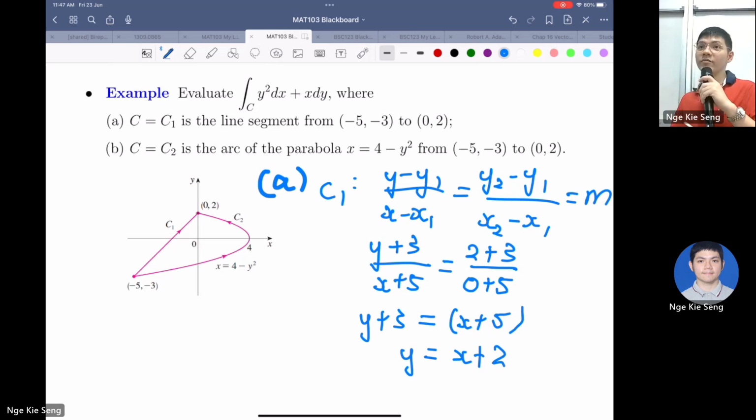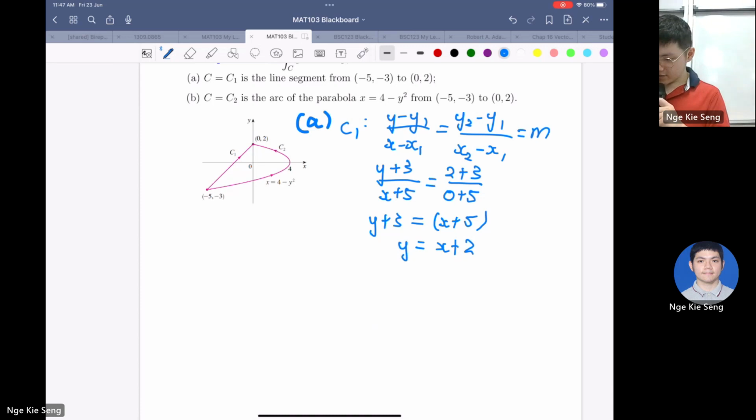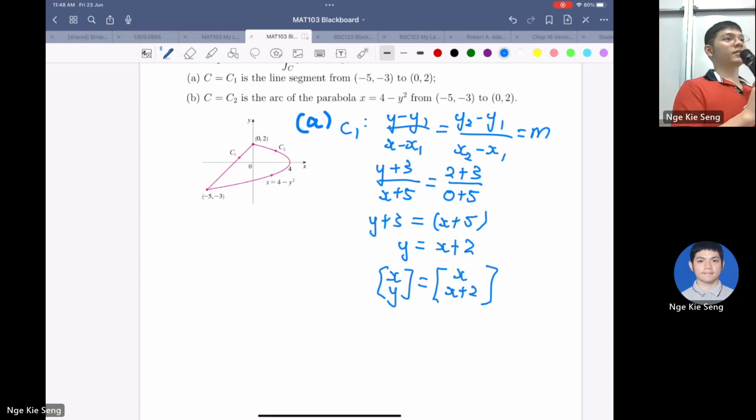Okay, now the parametric formula. You have x and y, right? So your x is described by x, and y is described by x minus 2.